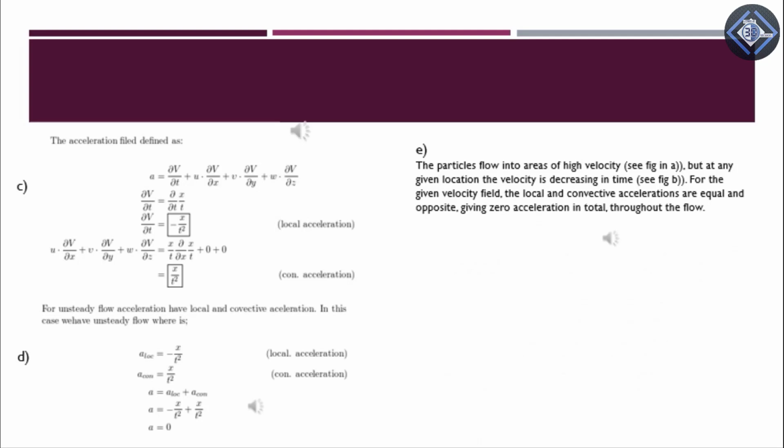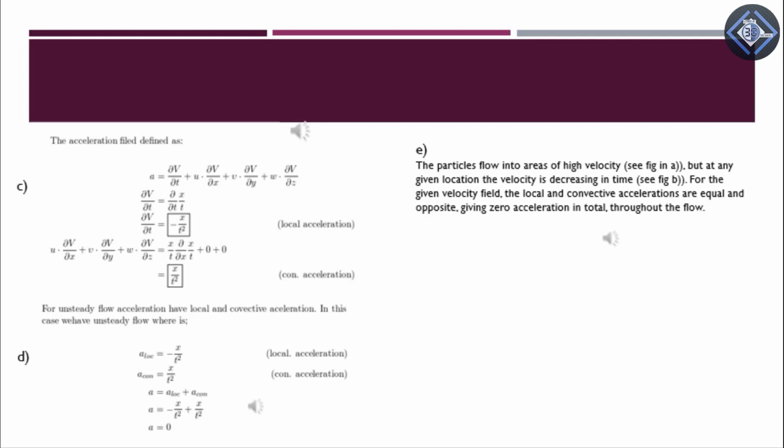In part E of the problem, we are supposed to physically explain how the velocity of a fluid particle remains constant in this unsteady flow field. This we can do with the help of the plots that we have drawn in part A and part B. The explanation is also written on your screen. The figure in part A is for a constant time, where the time is fixed and we are traveling along the x direction and seeing how the velocity is varying.